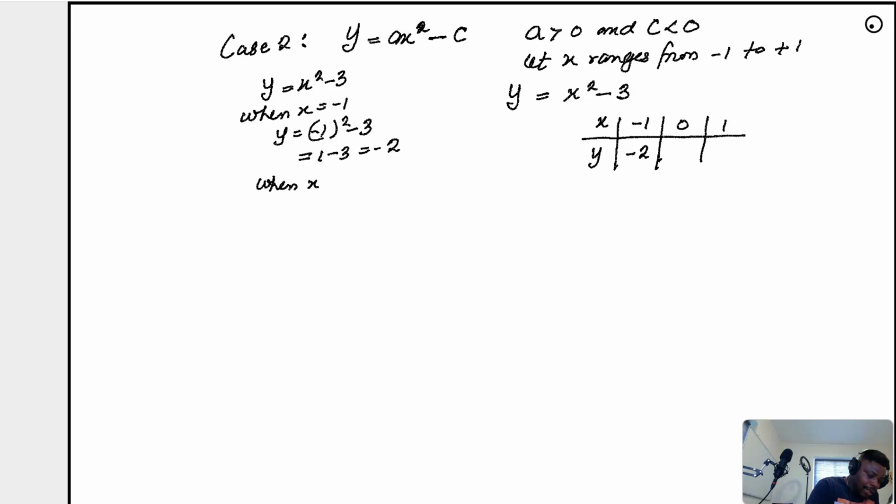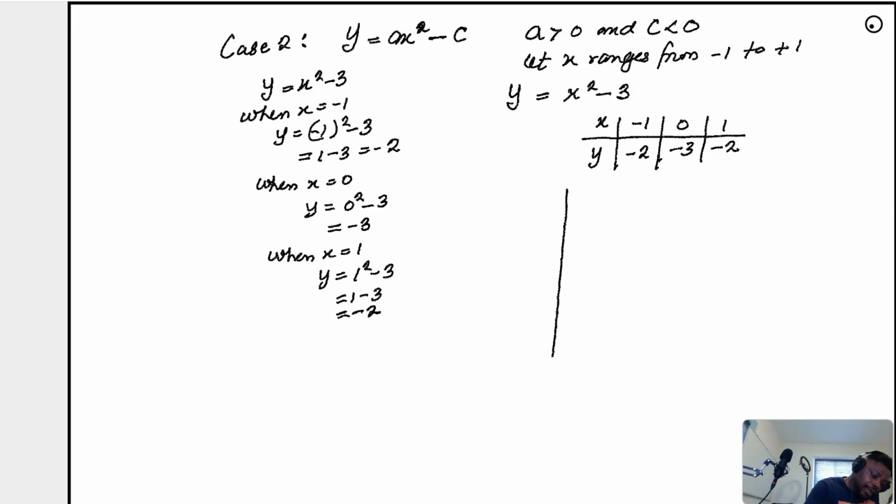Then when x is equal to 0, this is 0 squared minus 3, and this is -3. Then when x is equal to 1, 1 squared minus 3. This is 1 minus 3. This is minus 2. So here, let's put our graph. Okay?